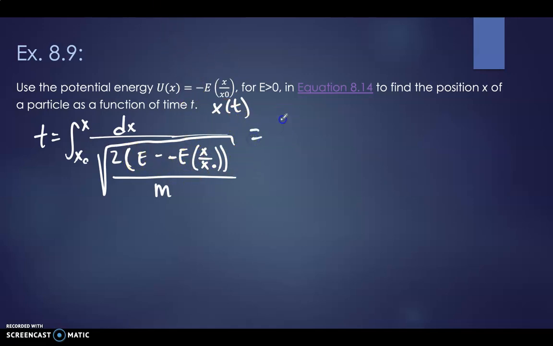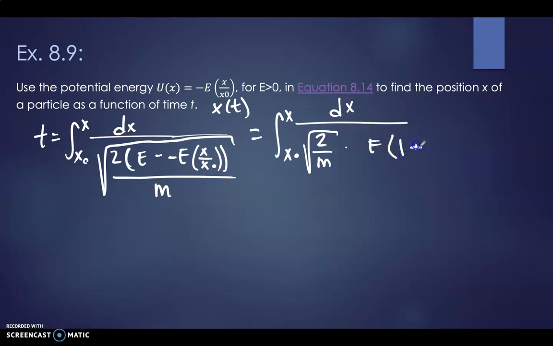Okay. So, we can go ahead and do a couple things. First, I'm going to pull out some constants. So this should be, I'm going to say 2 over m in a square root. And then I'm going to have E times 1 plus x over x naught, and that's also in a square root.